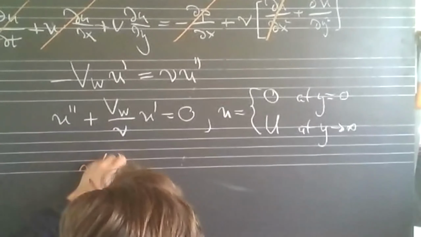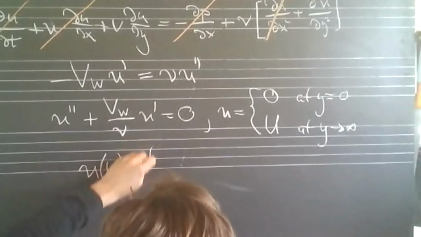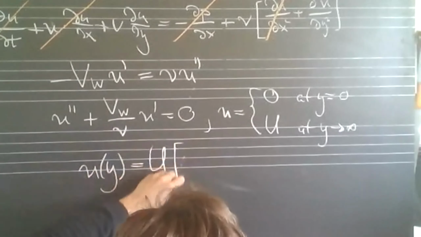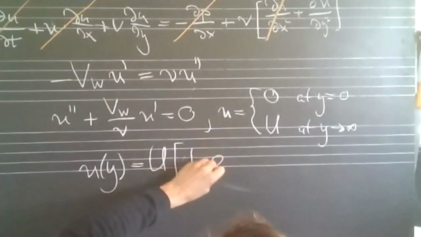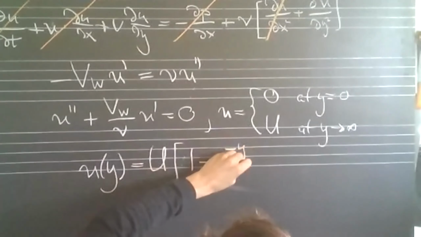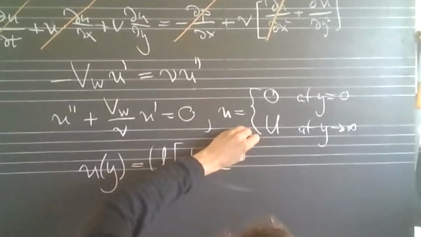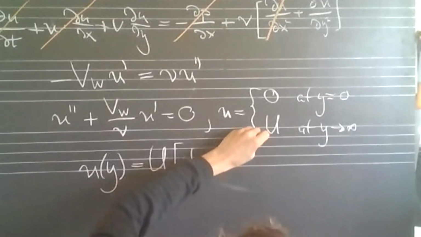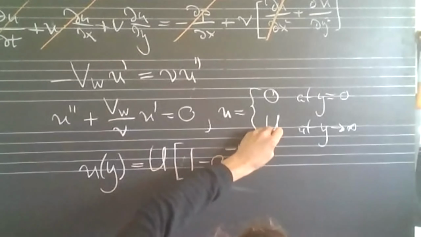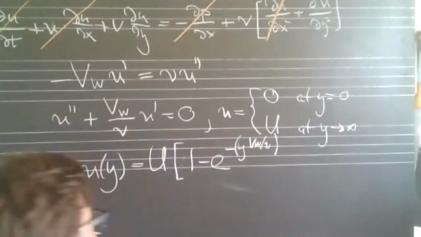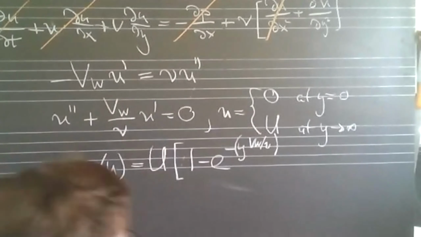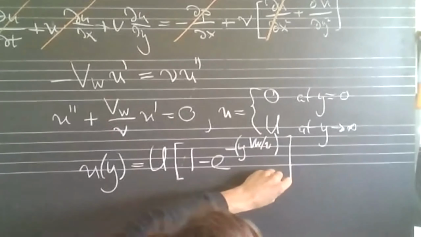U of y is equal to capital U times (1 minus e to the minus y times VW over nu). Parenthesis closed.